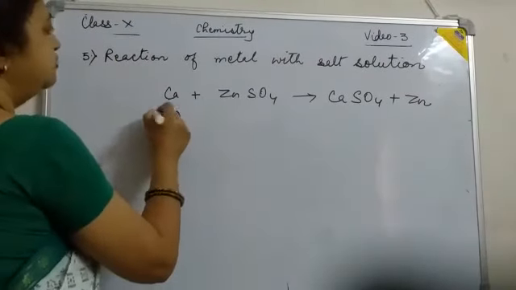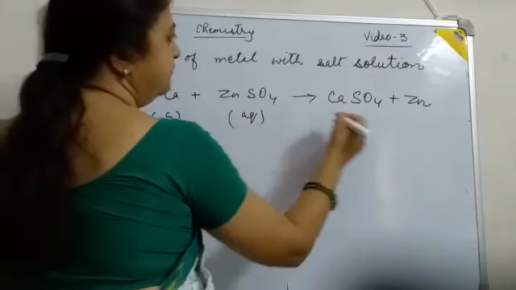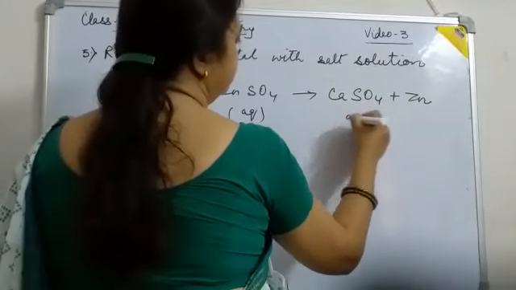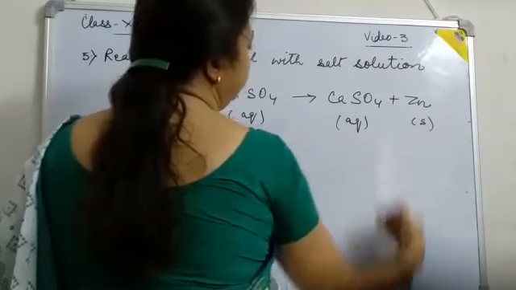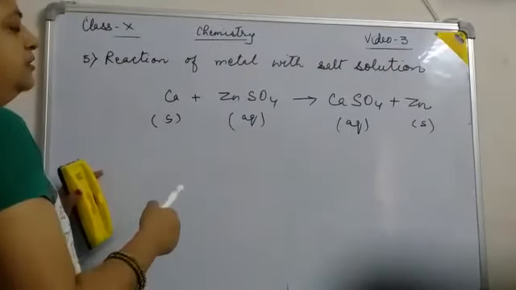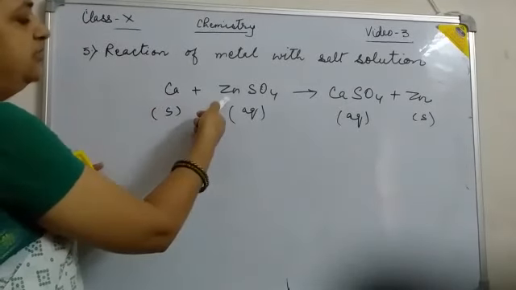Here calcium is solid and zinc sulfate is an aqueous solution, so calcium sulfate is formed along with solid deposition of zinc. This reaction takes place because calcium is more reactive than zinc.